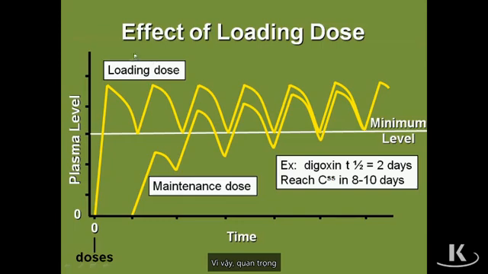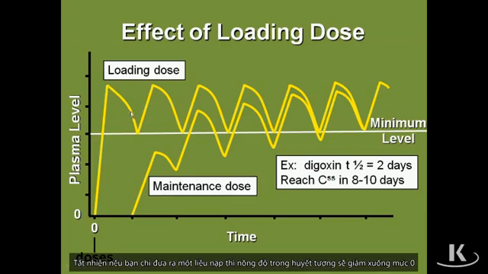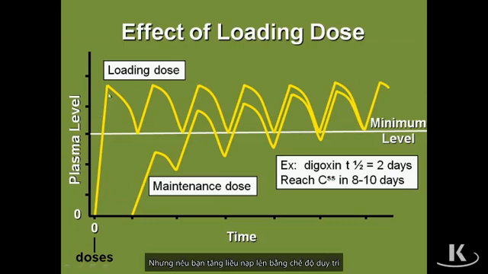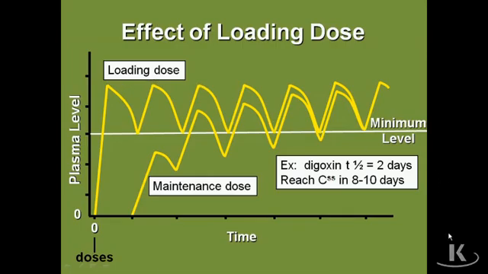So importantly, if a loading dose is done one time, a one-time only bolus, if you only gave a loading dose, of course that plasma level would drop all the way back to 0. But if you follow the loading dose up with a maintenance dose, the combined levels of those two doses together can help you to achieve levels that stay above the MEC.